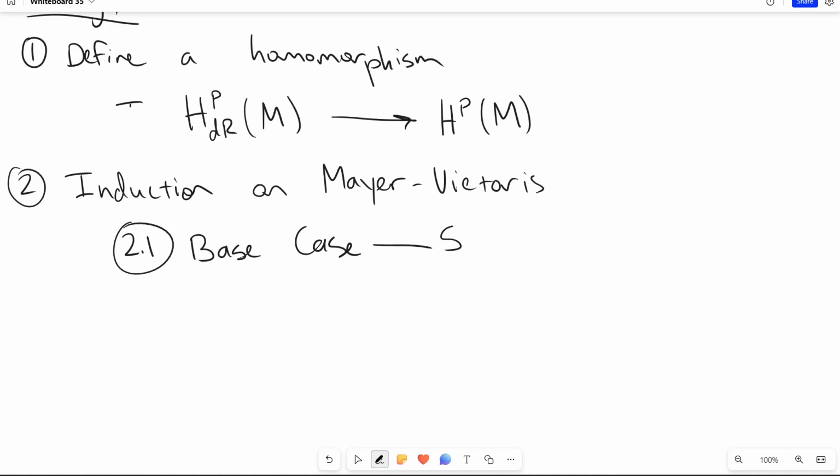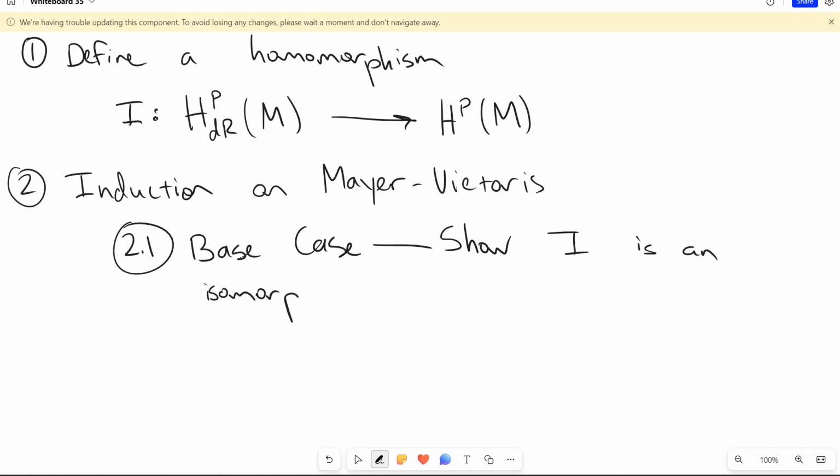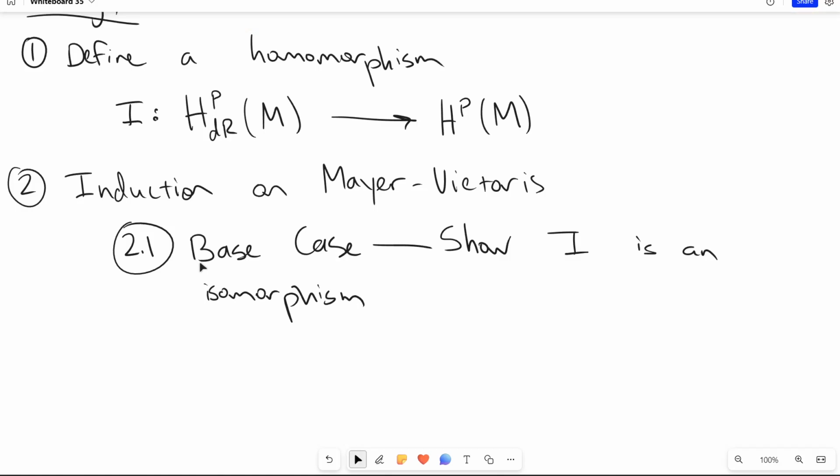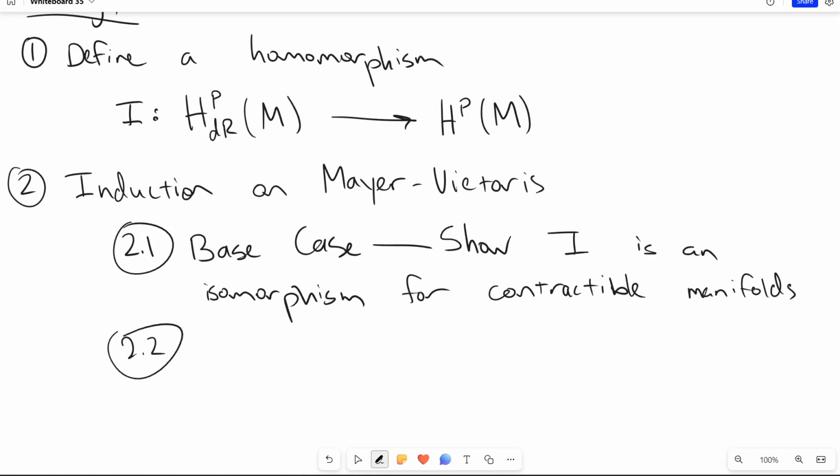So I'm going to call this homomorphism I. Show I is an isomorphism for the special type of manifold we'll do, a contractible manifold. And then 2.2, the induction step.